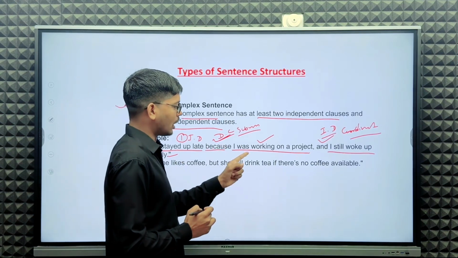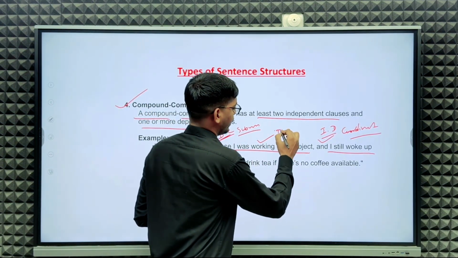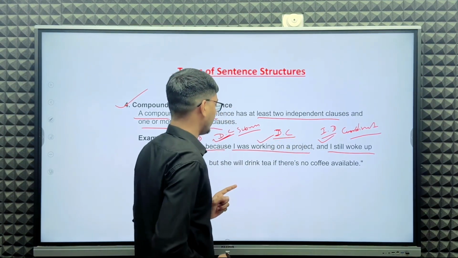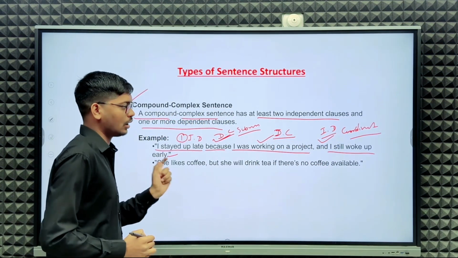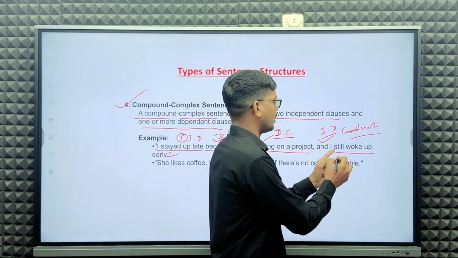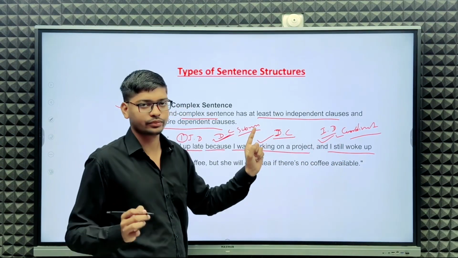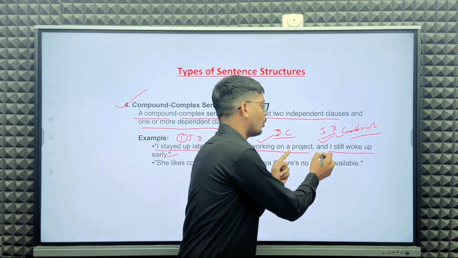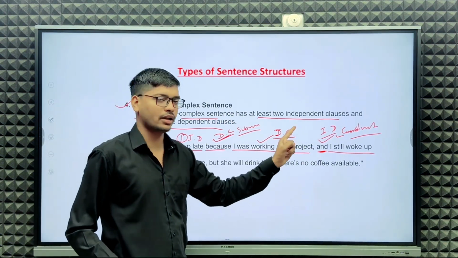And because I was working on a project, this is a dependent clause. Okay, and I still woke up early, this is an independent clause, because this clause is connected with a coordinating conjunction. Okay, the coordinating conjunction is and.